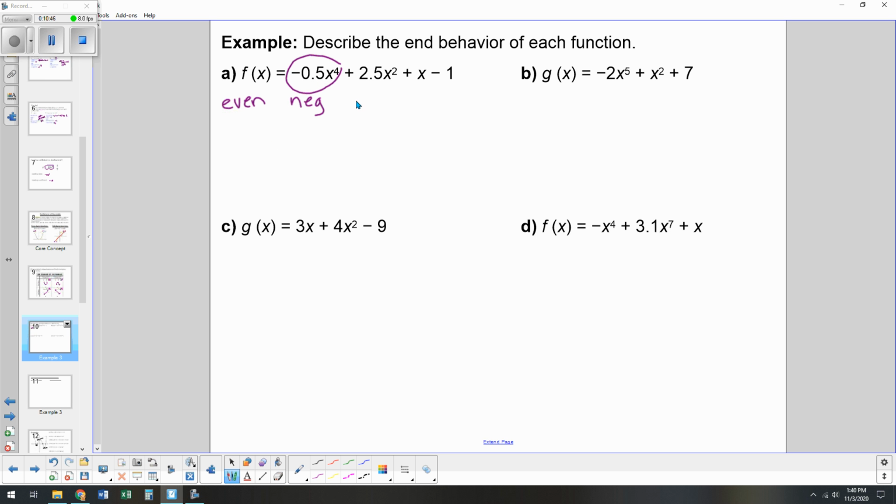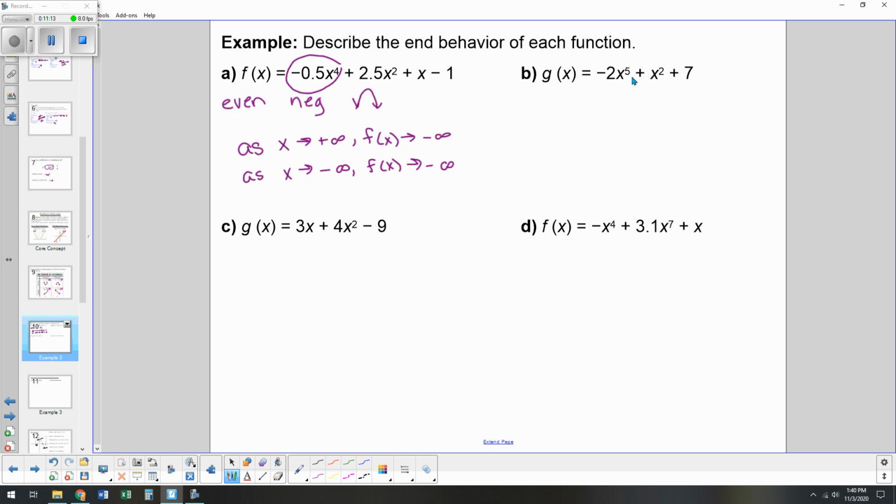So my picture is going to look something like this. That means as x goes to positive infinity, f of x goes to negative infinity. It goes down. And as x goes to negative infinity, f of x will also go to negative infinity. These should match.